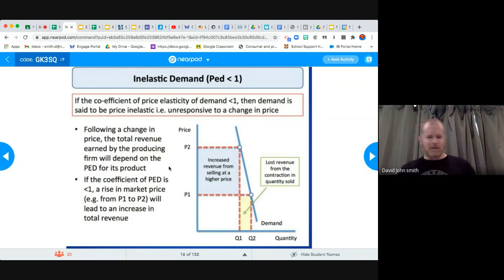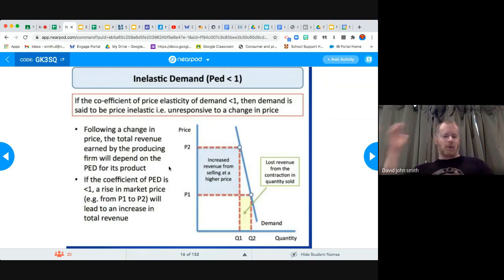What implications does that have for the government when they're putting sales taxes on? They're going to be able to get much more revenue from their sales tax as well. So this idea of elasticity is going to have a huge impact on pricing decisions made, but also on taxation decisions that the government might make.